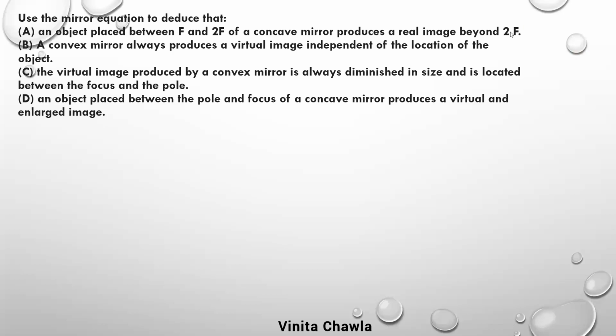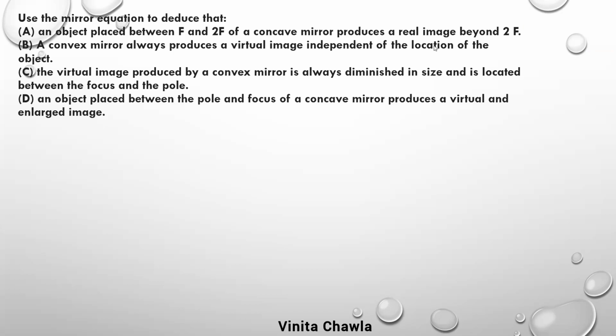See, use the mirror equation to deduce that. Number 1, an object placed between F and 2F of a concave mirror produces a real image beyond 2F. B part, a convex mirror always produces a virtual image independent of the location of the object.